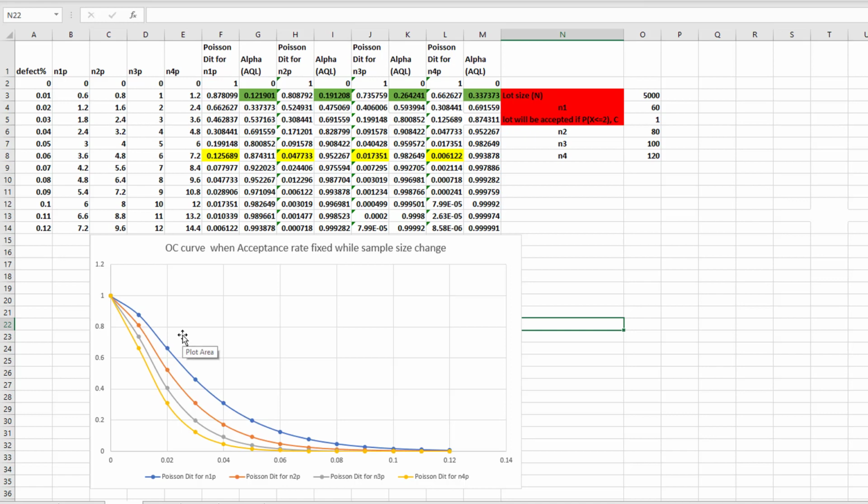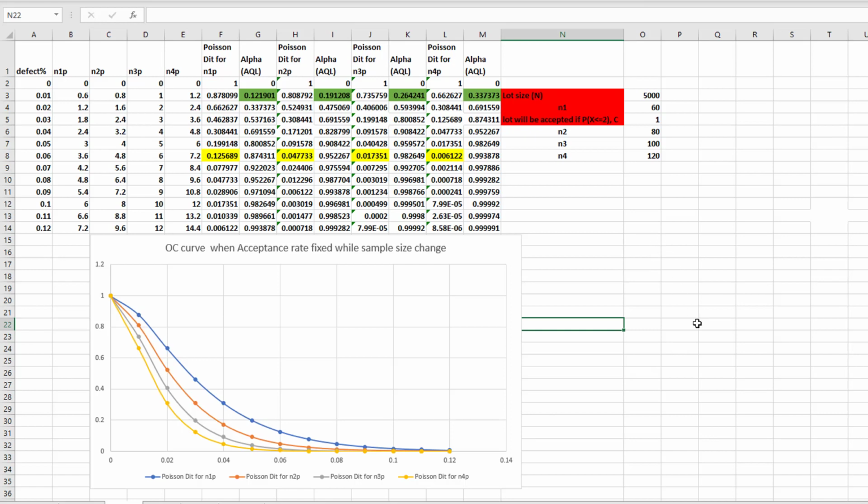So when we sketch it, you can see what kind of changes will occur if we increase the sample size, let's suppose from 60 to 80, from 80 to 100, and from 100 to 120. Okay, and we keep C equal to 1.